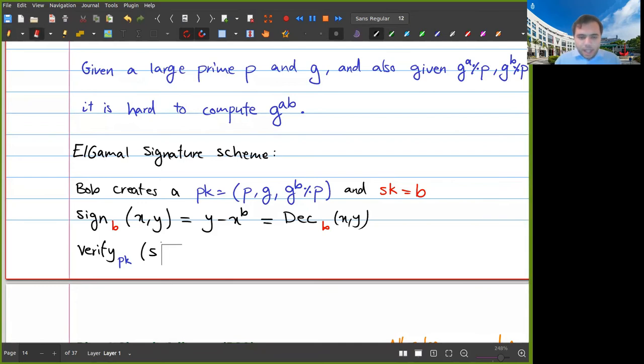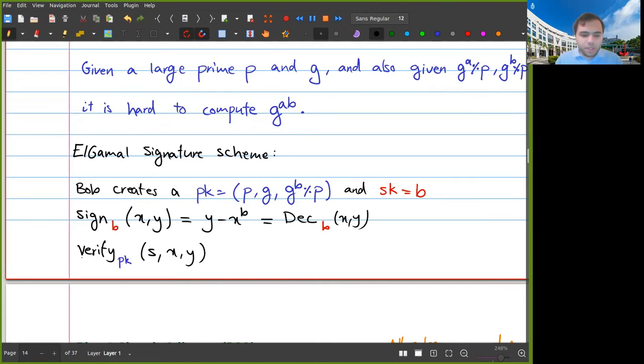So in this case, I can just use the Boolean definition. So I can say, suppose that someone gives me this pair XY that was signed and also gives me a signature on them. So let's say I've been given S, X, and Y, and I want to verify. I want to see if S is really a signature on XY, and if it's a signature that was created by Bob.